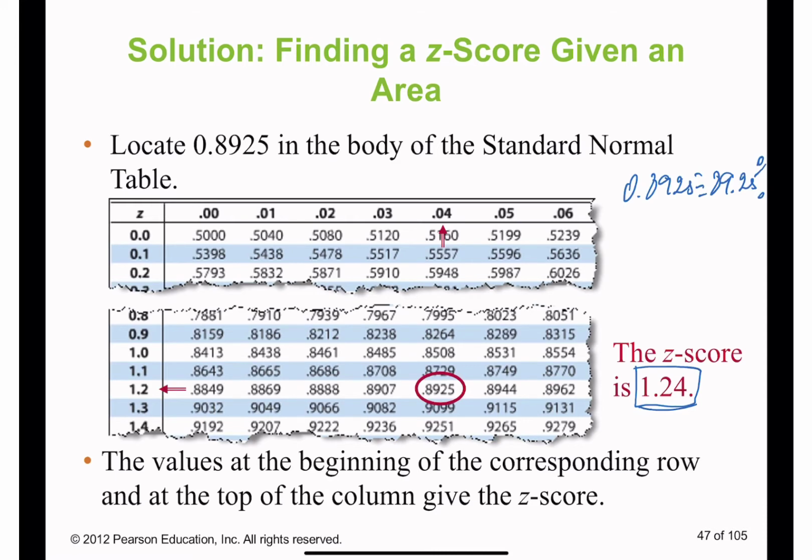Obviously you have to look on the positive page, because 89% is way higher than 50%, therefore it's going to be a positive z-score.